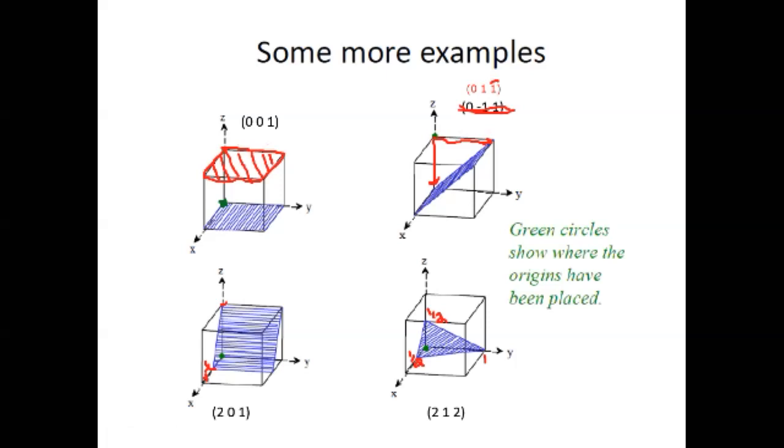Now going back to the first example, if we go back to the original origin, and we draw it consistent with the others, we can say this is the X, Y axis.